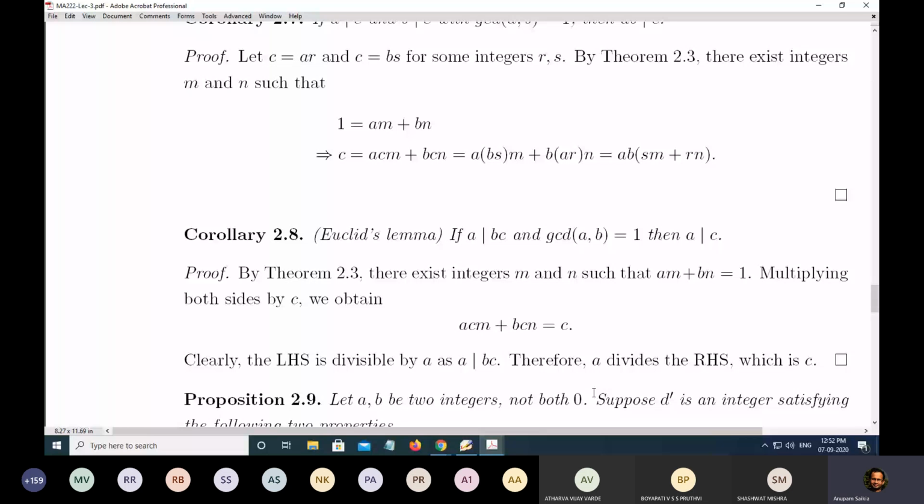One is that you cannot factorize it further in a non-trivial way: if you write it as a product AB, then A has to be plus or minus 1, or B has to be plus or minus 1. On the other hand, you can define a prime as: if P divides AB, then P divides A or P divides B. Later on, for integers, we'll see that these are the same properties.